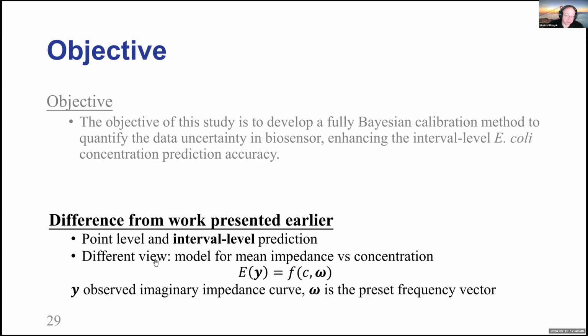And here we will model the individual impedance curves. That is, the impedance curve is the response, and it will depend on this concentration C, as well as this W or omega, which is the grid of frequency values. So we are swapping the order of our Y's and X's to what it should be.